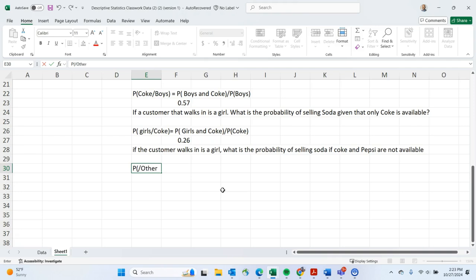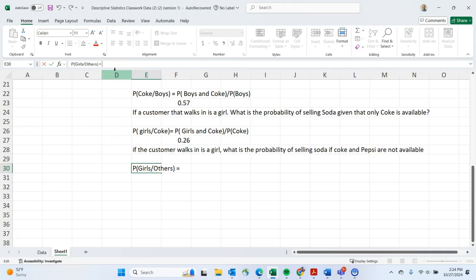So our condition will be others. And so the probability of selling soda if a customer that walks in is a girl: we can say probability of girls drinking soda if only other types of sodas are available.